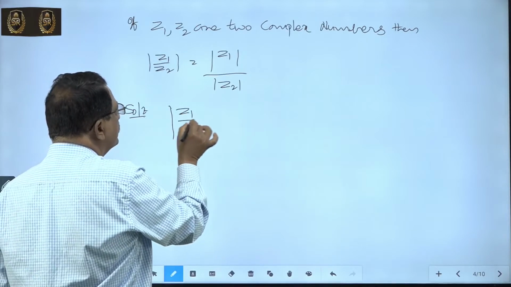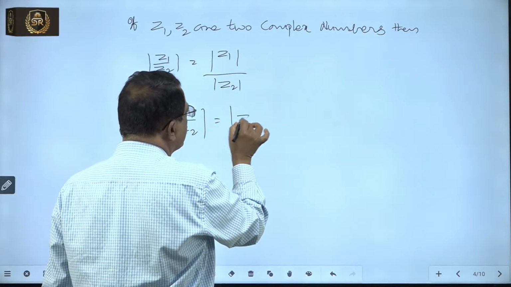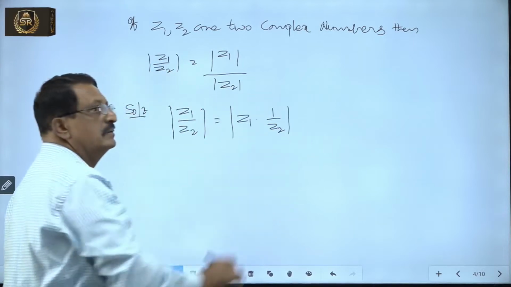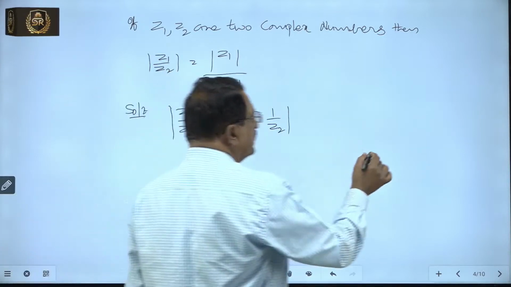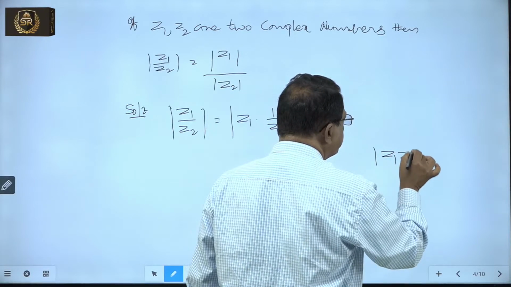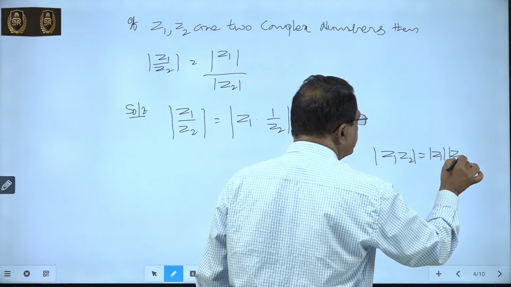Mod of z1 by z2 can also be written as mod of z1 into 1 by z2. In the previous condition, mod of z1 into z2 equals mod z1 into mod z2.